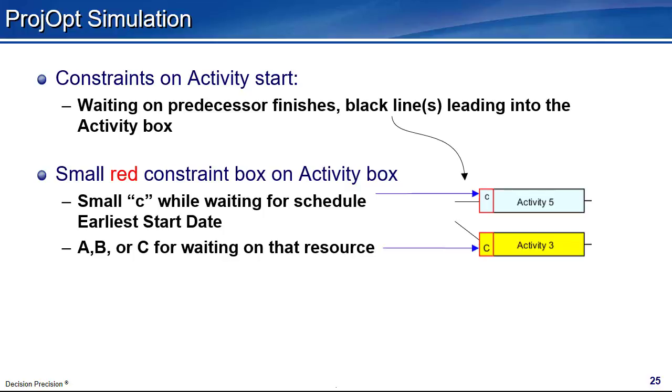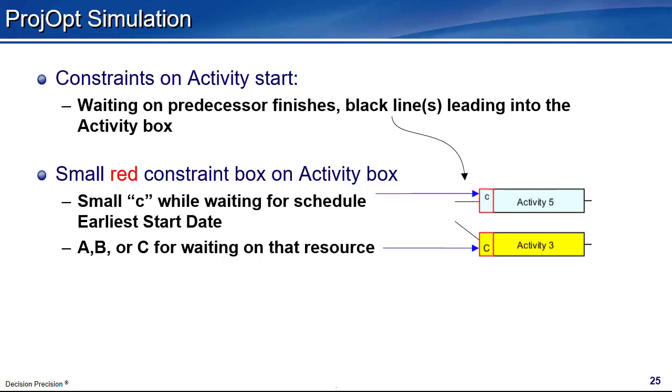During the project, a small C in the upper left corner means there is a planned earliest start date constraint and the calendar has not yet reached that date. During the project, a large letter in the lower left corner, A, B, or C, means the activity is waiting for this resource to become available. There may be other constraints not represented, such as available workspace and weather.